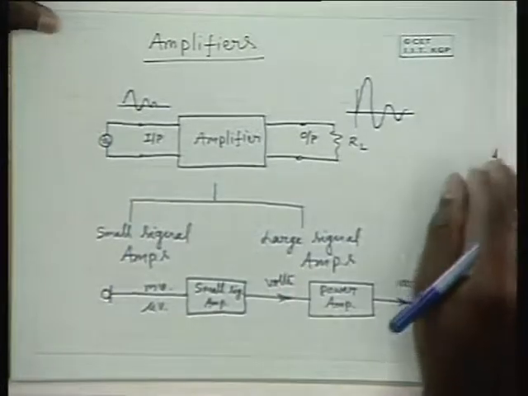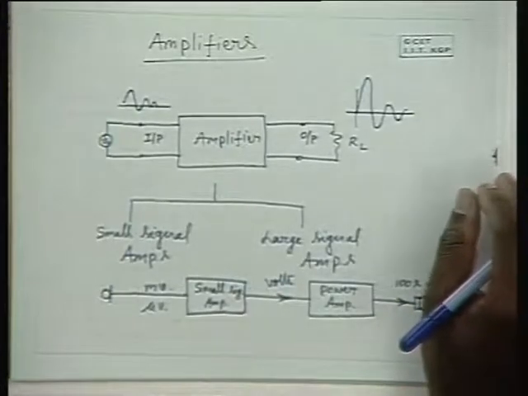There are other kinds of classifications possible, and one other classification which is important in our context will be discussed a little later. Now, coming to the sources which are used as the input sources to the amplifiers, we have different kinds of input sources.